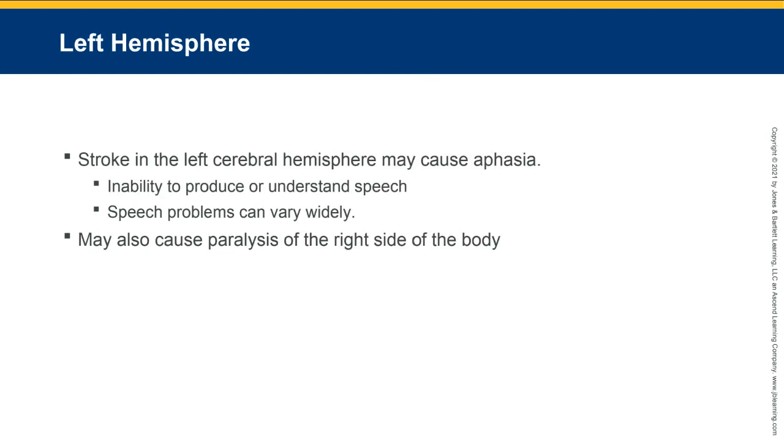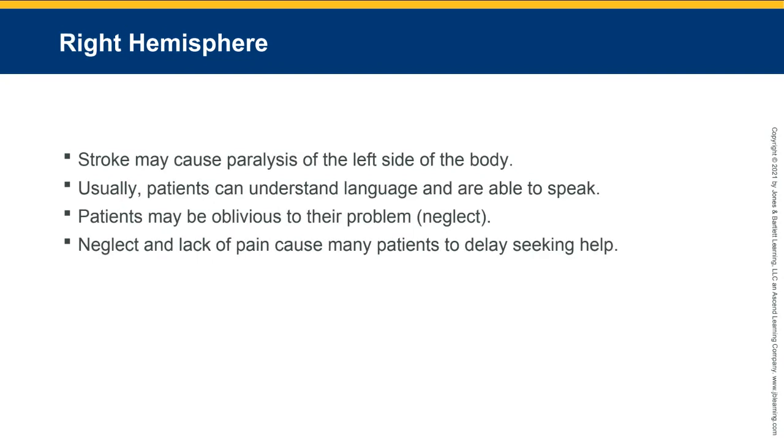Now let's look specifically at the left hemisphere. Stroke in the left cerebral hemisphere may cause aphasia. This is inability to produce or understand speech. Speech problems can vary widely. May also cause paralysis of the right side of the body. For the right hemisphere, stroke may cause paralysis of the left side of the body.